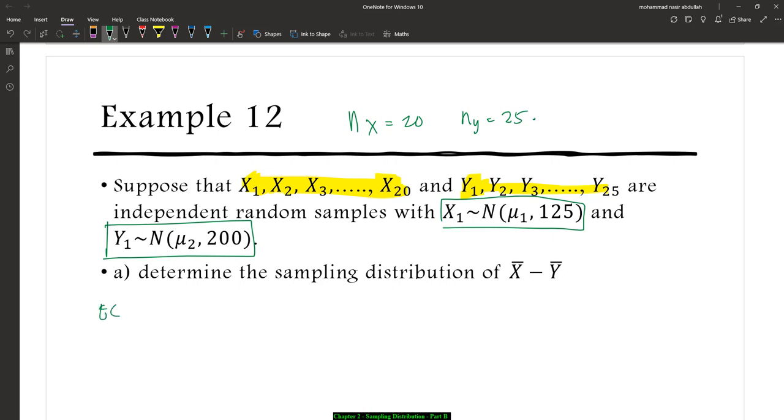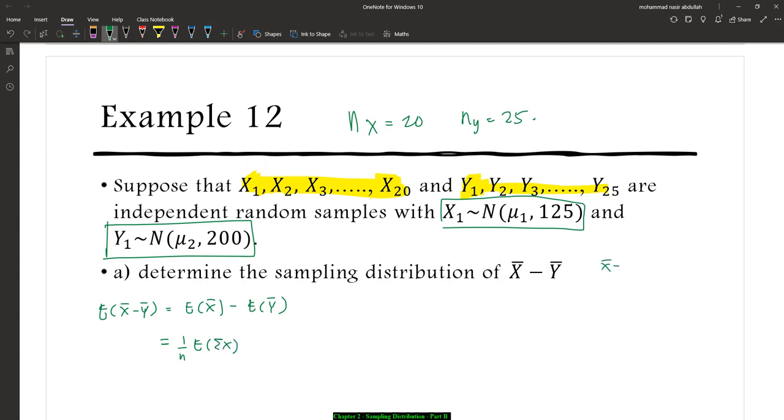First we need to find the expected value of x bar minus y bar. So this one should be expected of x bar minus expected of y bar. This one should be 1 over n times expected of summation of x, right?